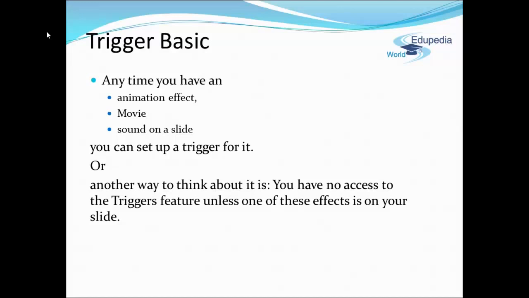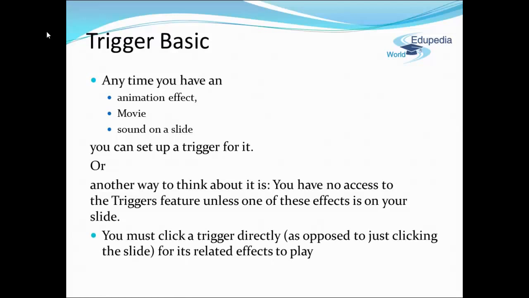So if you want to make use of a trigger in your slide, this is the basic requirement: either your slide should have an animation effect, or a movie, or you should have added a sound effect on the slide.